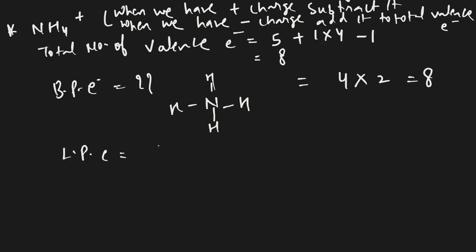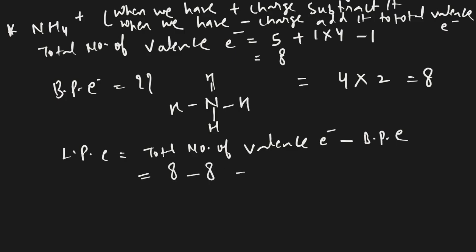Lone pair electron is total number of valence electron minus bond pair electrons. So that is 8 minus 8, 0. So there are no lone pair electrons in the ammonium.